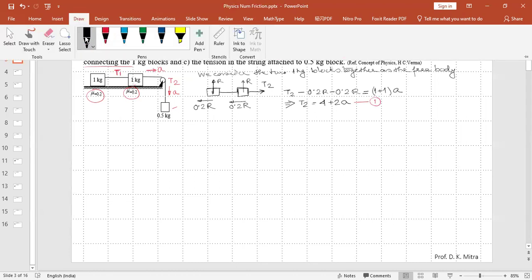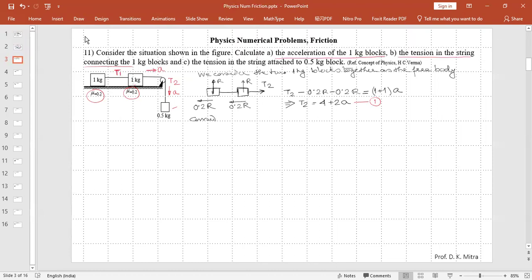Then we go to the second part. Then we consider only the hanging block. Consider the hanging block.